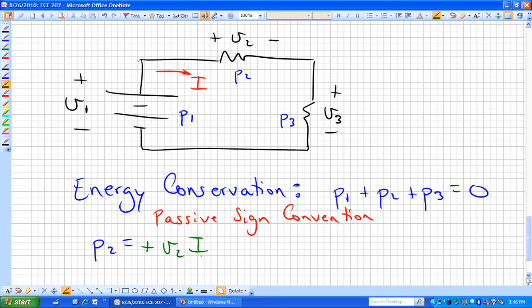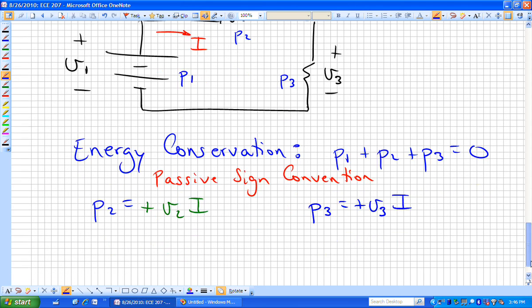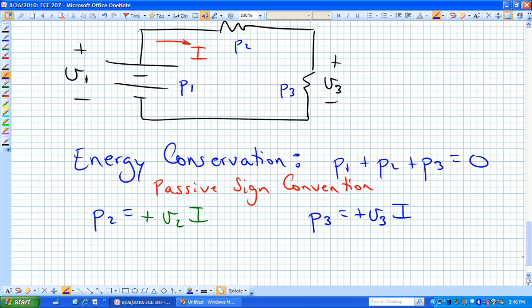P sub 2 is V sub 2 times I. P sub 3: is it clear that that's the same relationship as P sub 2? I is going into the positive terminal of that second resistor, the one labeled V sub 3. With that convention, what's P1?